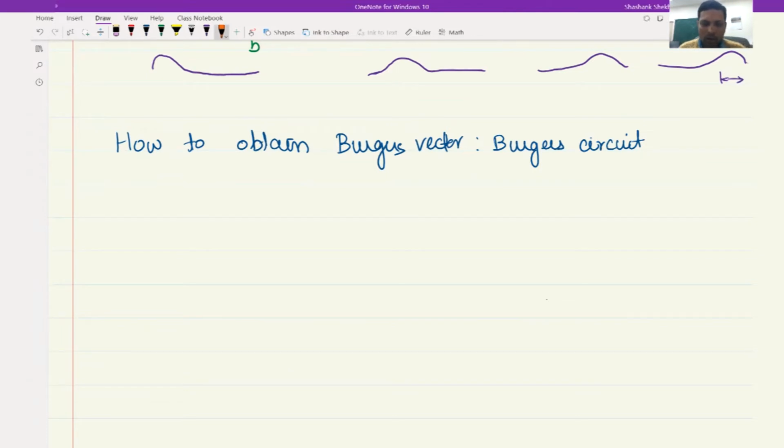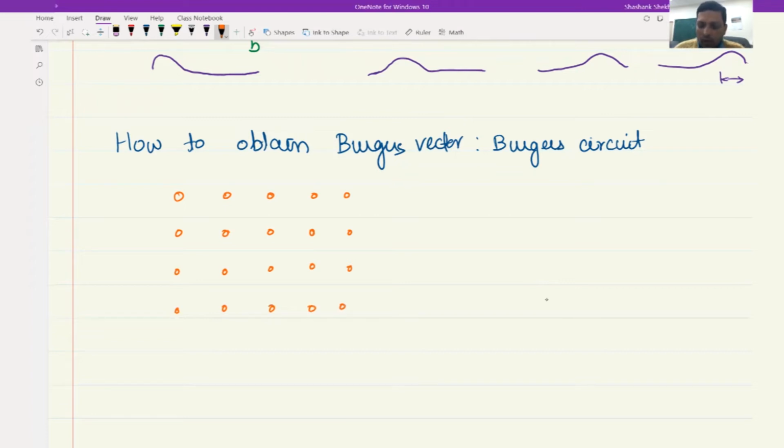So how does this Burgers circuit work? Let's say we have, again, we are looking at atoms from one edge. So first we will look at a perfect crystal, and then we will draw the schematic of distribution of atoms in a crystal containing dislocation.